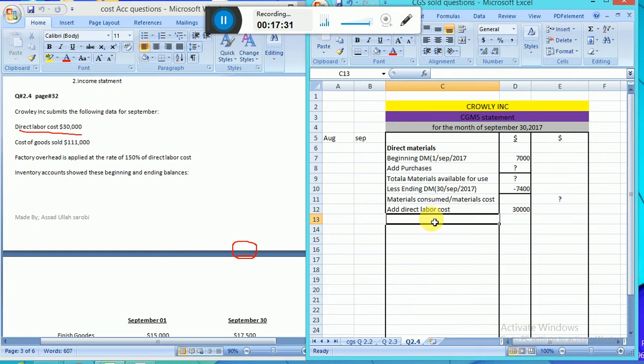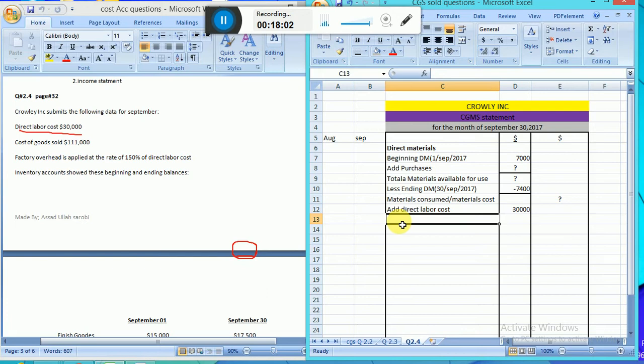Now with the direct labor, some indirect cost also takes place, that is called factory overhead cost. Factory overhead cost is not given directly. About the factory overhead cost, it is given that factory overhead is applied at the rate of 150% of the direct labor cost.